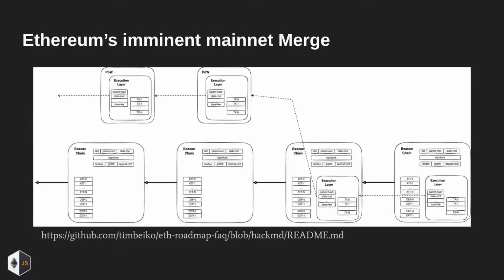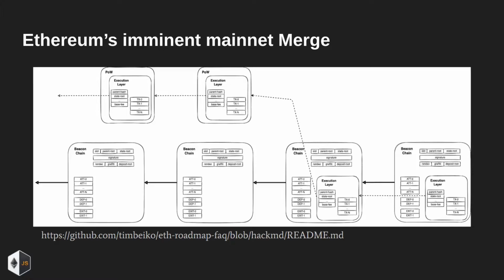So as you are all aware, Ethereum's merge is upon us, and in maybe 15 or 16 days, Ethereum mainnet will be merged. What it really means is that Ethereum will move off the proof of work consensus, and the execution layer, which is basically execution payloads, the blocks that are part of our traditional chain, will be subsumed into the beacon chain, and the responsibility of minting the blocks, of adding the blocks onto the chain, will go to the beacon chain.